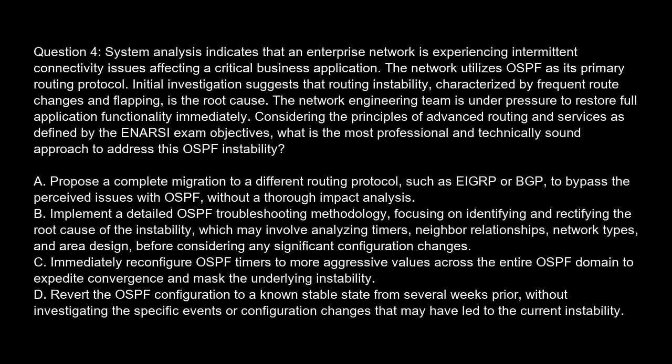Option C. Immediately reconfigure OSPF timers to more aggressive values across the entire OSPF domain to expedite convergence and mask the underlying instability. Option D. Revert the OSPF configuration to a known stable state from several weeks prior, without investigating the specific events or configuration changes that may have led to the current instability.